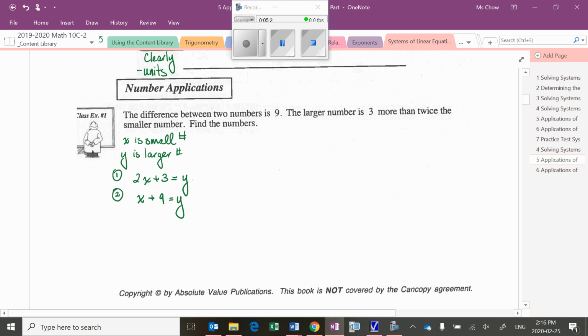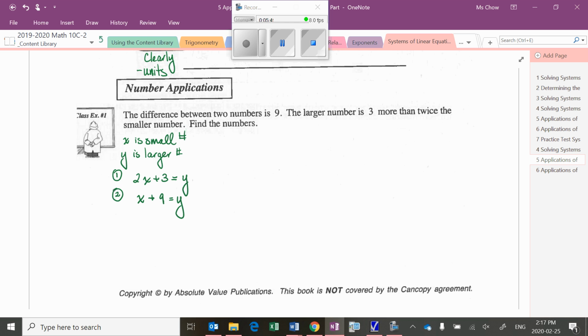Two equations, two unknowns, and we've got y already isolated, coefficient of 1, so it's a perfect setup to do substitution.